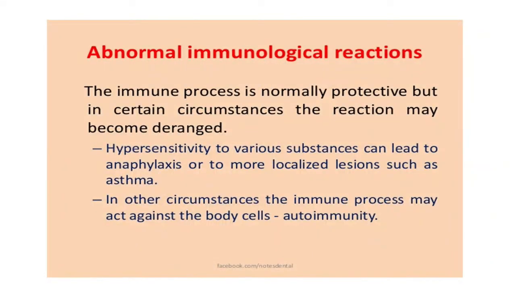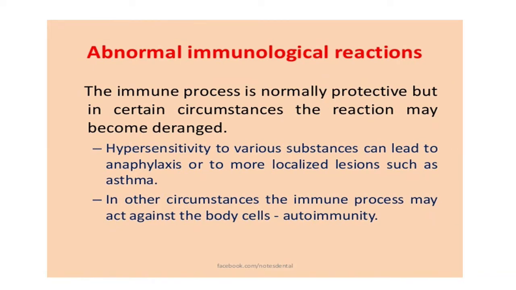Abnormal immunological reactions. The immune system process is normally protective, but in certain circumstances, the reaction may become deranged. It is the responsibility of our immune system to be activated and heal us. Hypersensitivity to various substances can lead to anaphylaxis or to more localized diseases such as asthma.